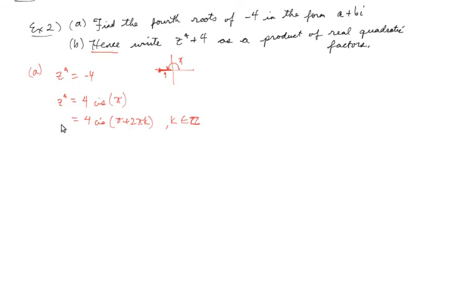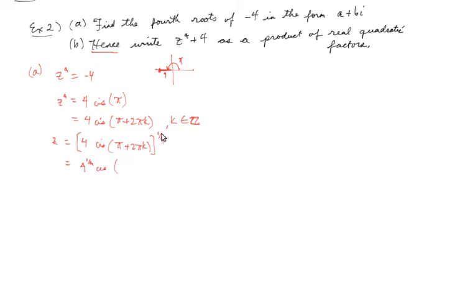Then we use De Moivre's theorem. We take the fourth root of both sides, so we end up with z equals 4 cis of pi plus 2 pi k, raised to the 1 over 4 power. Now I use De Moivre's theorem and I get 4 to the 1/4, and I end up with cis here.